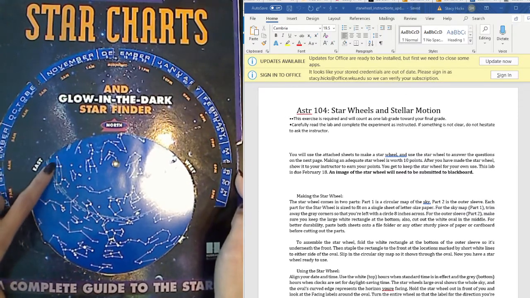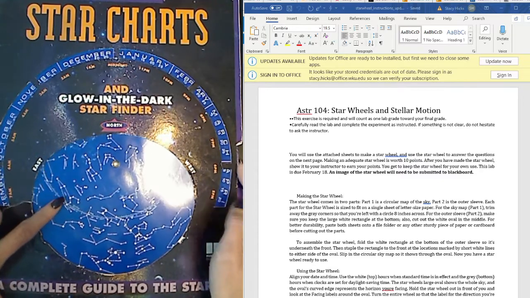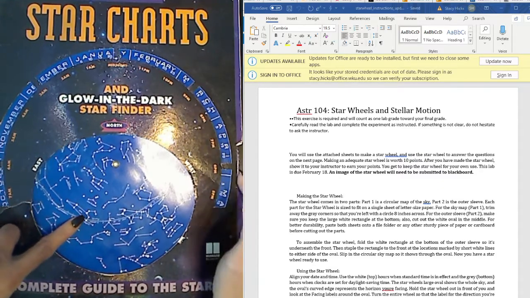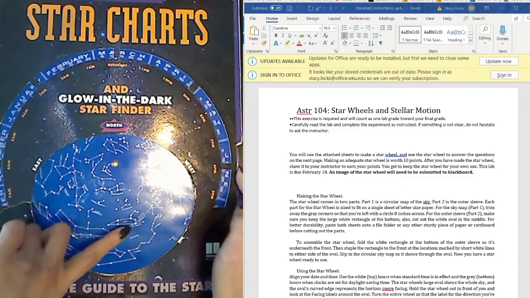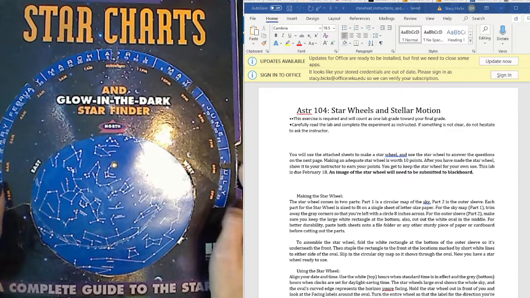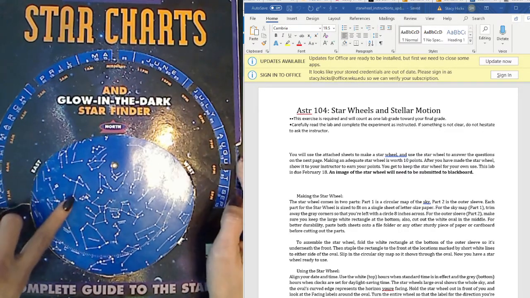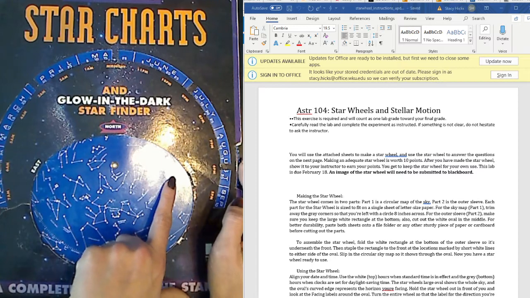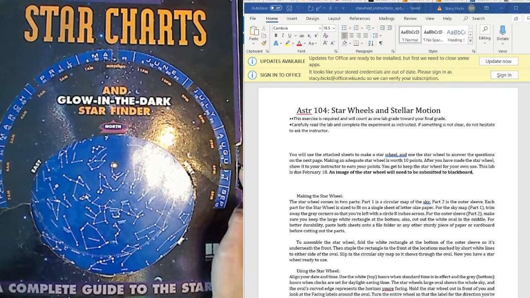Say Leo, the constellation Leo has just risen. As I go through the night, it's going across my sky. And then as I get toward dawn, Leo is going to be over here in the west. So it's traveled from the eastern side of the sky to the west overnight.